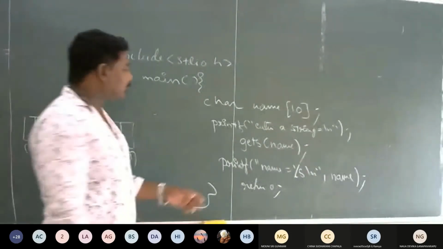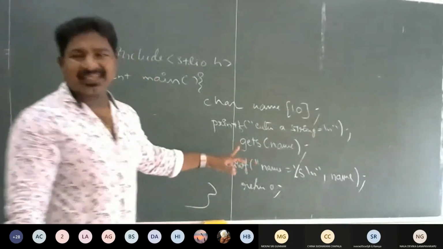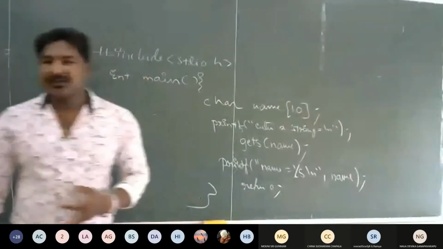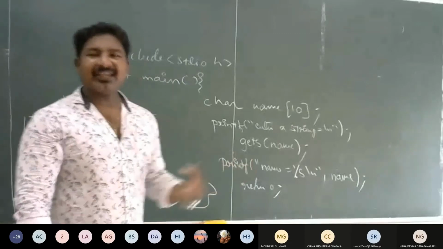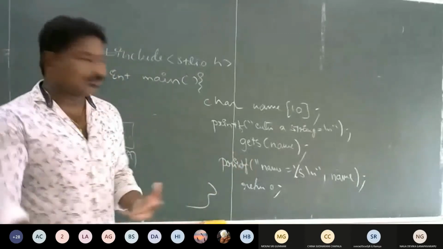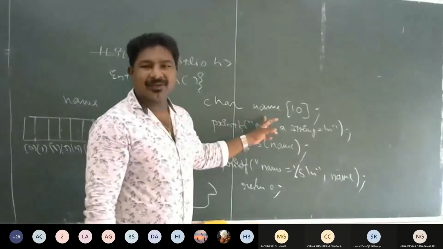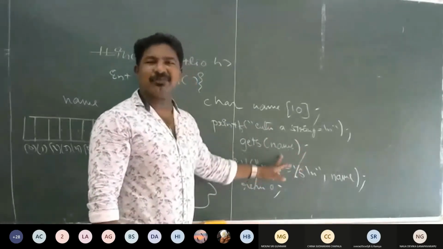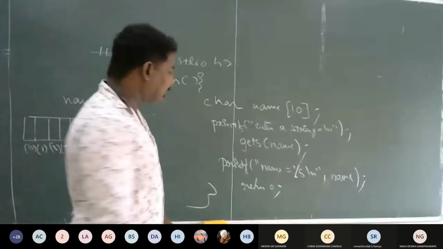Previously they used to use a function called gets. What is gets? It is get string. Get means read string. Into what? Into the array, that is name. So how do you write this? gets, and inside parentheses you write the name of your array. That will read it, right?